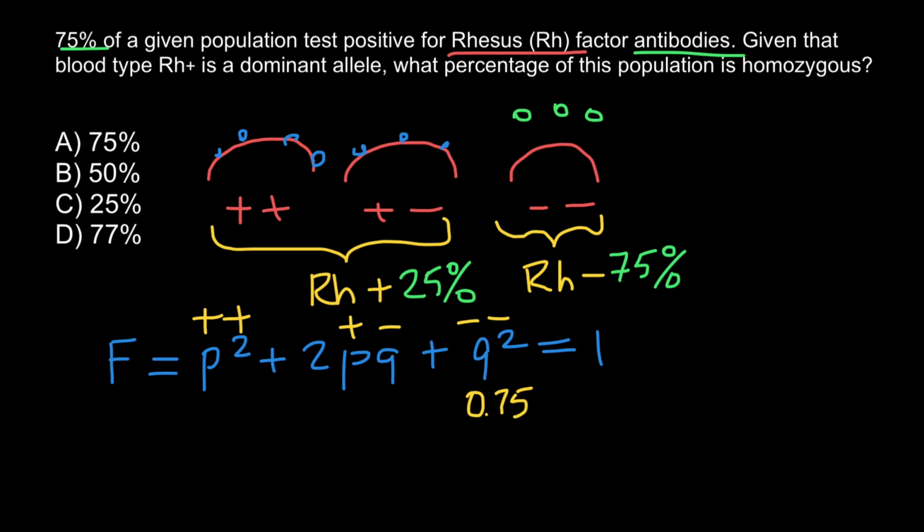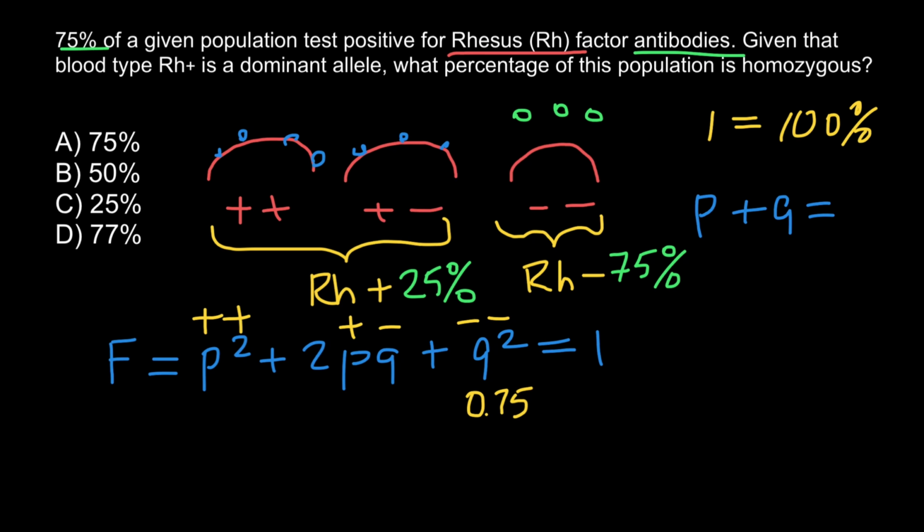Here we have 75%. Why did I put 0.75 here? Because if we do our calculations on the scale between 0 and 1, 75% would equal 0.75. In our calculations, 1 equals 100%. According to the Hardy-Weinberg formula, we have two alleles, p and q: all dominant alleles p plus all recessive alleles q.